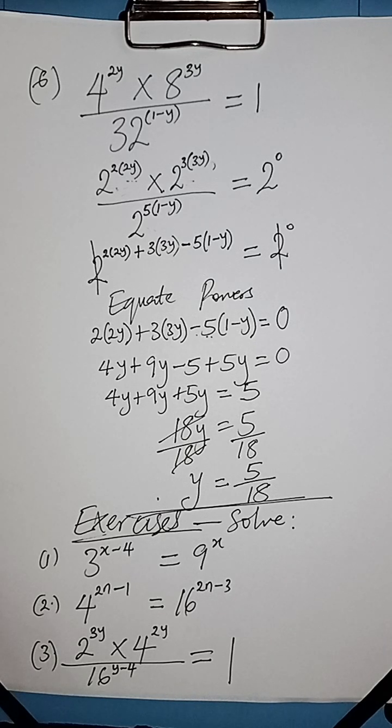And lastly, 2 raised to power 3y times 4 raised to power 2y divide 16 raised to power y minus 4 equal to 1. Please do this, put your answer in the comment section, and let's see who will be the first to get it.